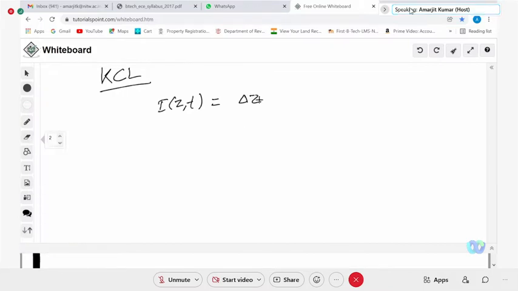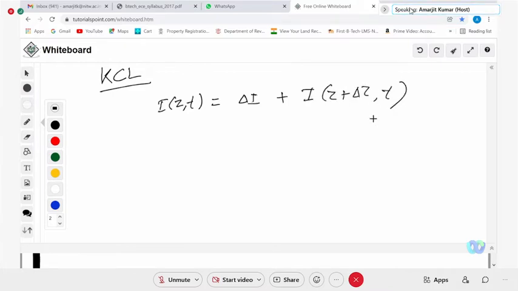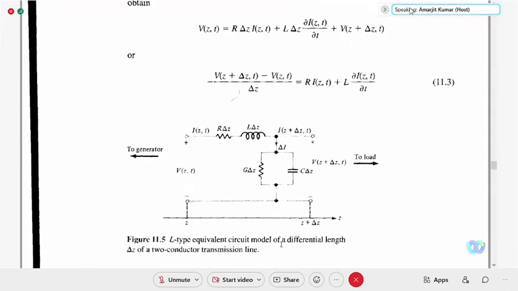So ΔI is plus I(z+Δz,t). That is, I(z,t) is equal to I(z+Δz,t) plus ΔI. Now what will be ΔI? See, again the figure is shown to you. What will be ΔI as per this figure?